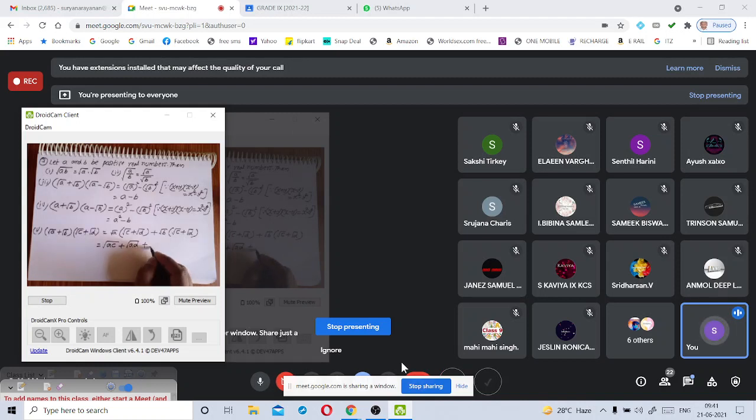Root bc plus, next one? Root b into root d, root bd. Yes, very good. This is the resultant product of these two irrational numbers. This is an irrational number, and this is also an irrational number, but the product of these two irrational numbers is also an irrational number.